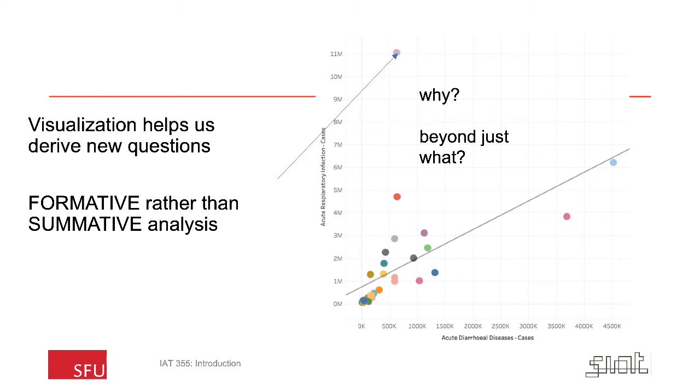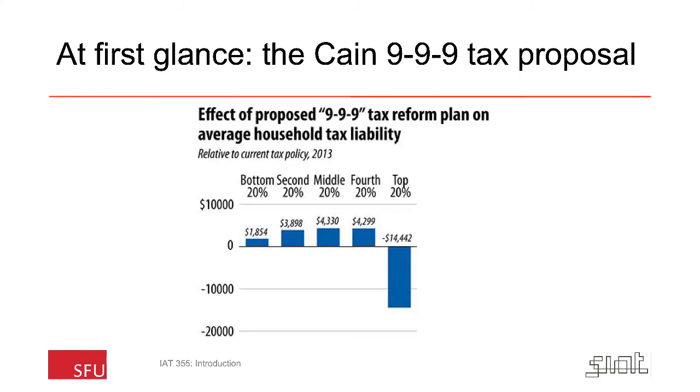This is all pre-COVID, by the way, and it would drive a person to investigate why it is the case that, say, this country or this place has a significant amount of respiratory infections that are not correlated with diarrheal diseases.